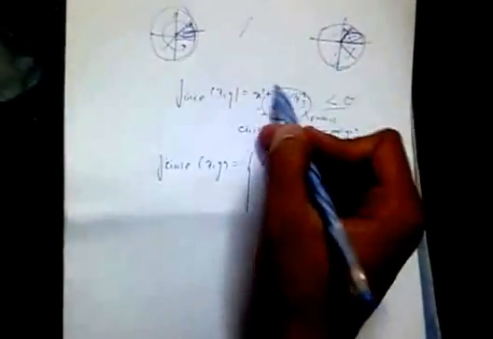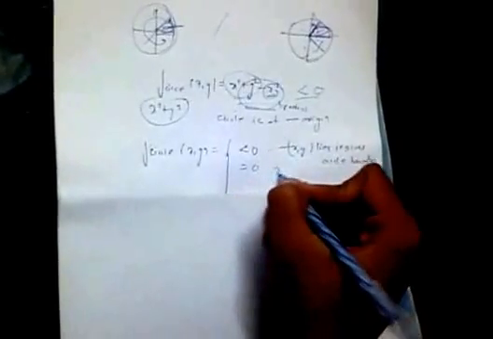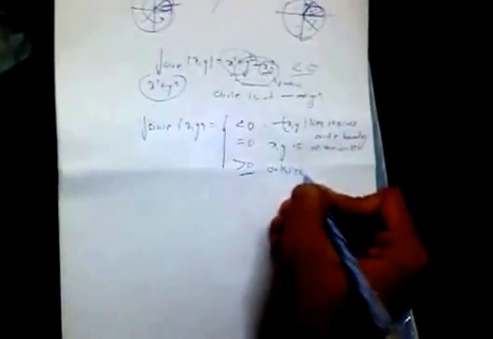We know that if a point lies inside the circle, then this sum, that is x square plus y square, will be less than r square by the Pythagoras theorem. Hence, the difference will be less than 0. And if it is 0, then x, y is on the circle. Also, if it is greater than 0, then it is outside the circle. So these are some basic concepts we should keep in mind while performing the midpoint circle algorithm.